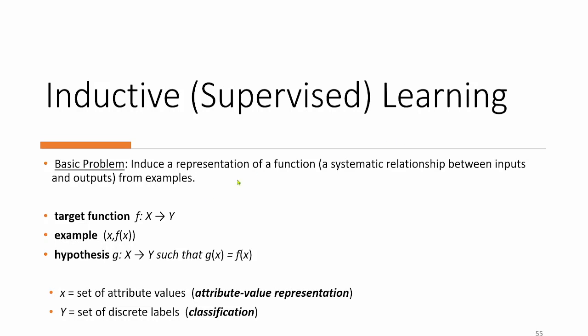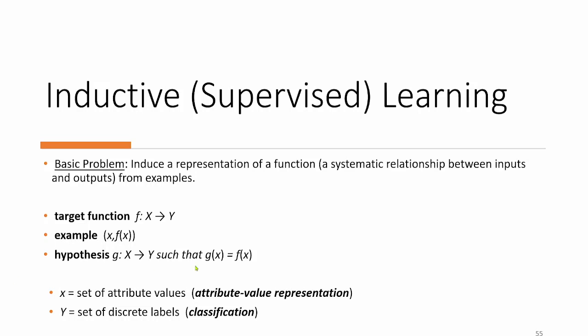Mathematically, supervised learning is also expressed in terms of x and y, where x is the input and y is the output that you are predicting. Typically, we write it like this: y is equal to a function of all the input variables, x1, x2, up to xn.